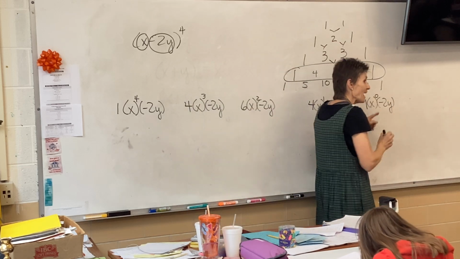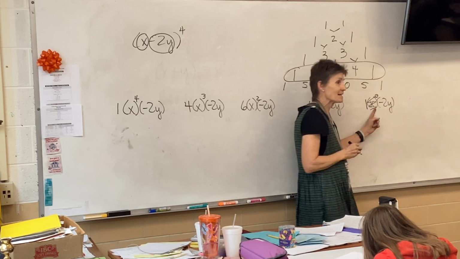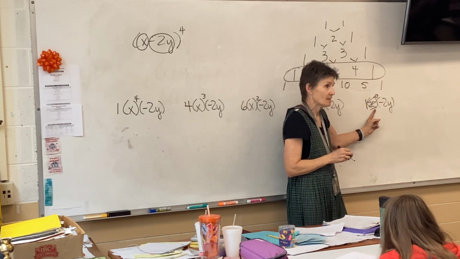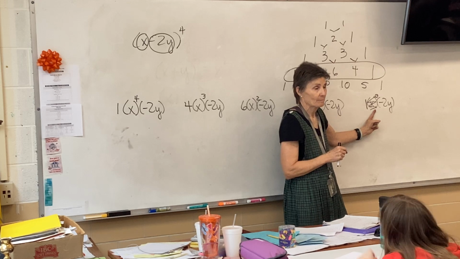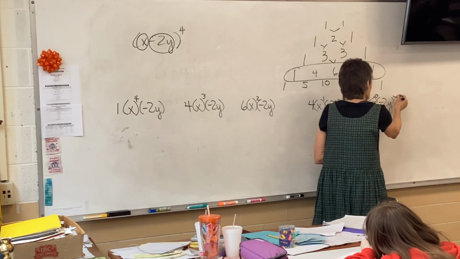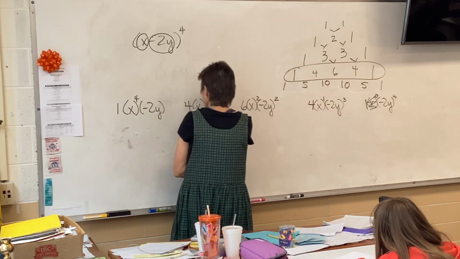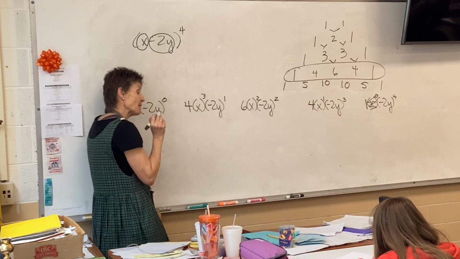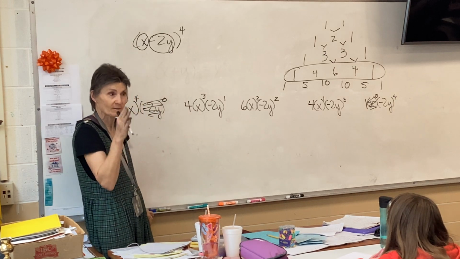When it gets to the end, it's a 0. And that's why the last term didn't have an X in it, because X to the 0 is 1. And then the Y's, remember, did the same thing from the other end. And that's why there wasn't a Y in the first term, because it was to the 0.